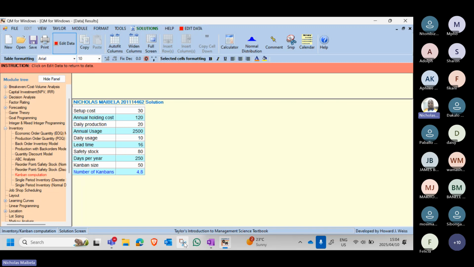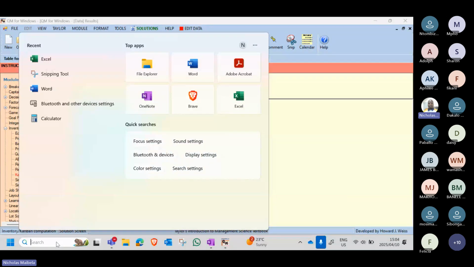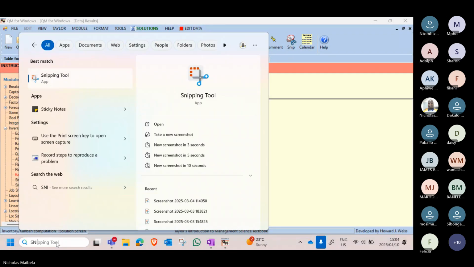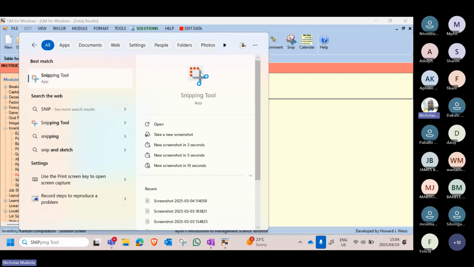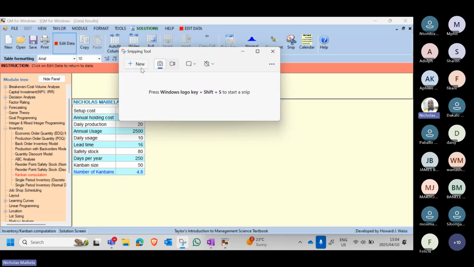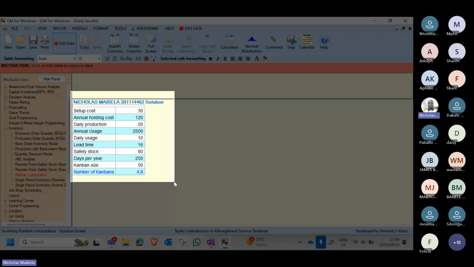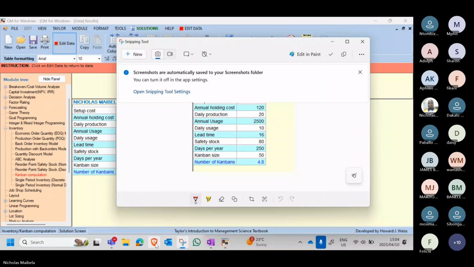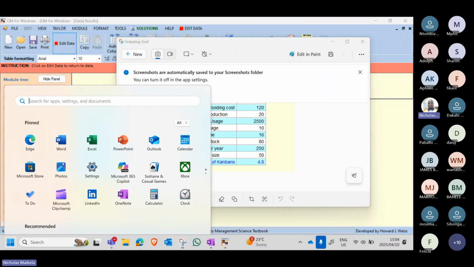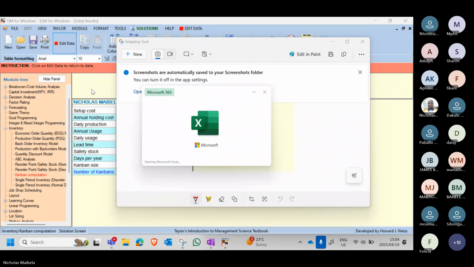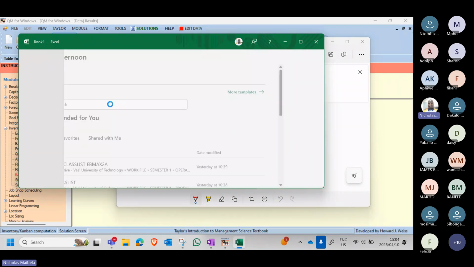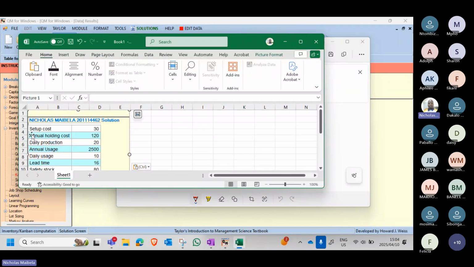You go to the software called snipping tool. You look for it. You call for it. You click. This mustn't be on the video camera. It must be on the picture camera. And you do this. And you go to Excel. And you save your work.